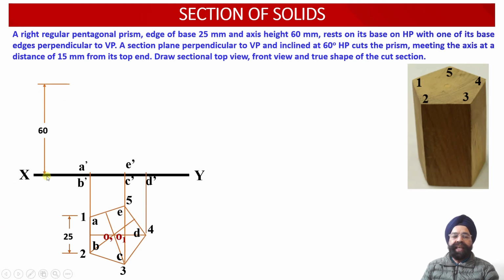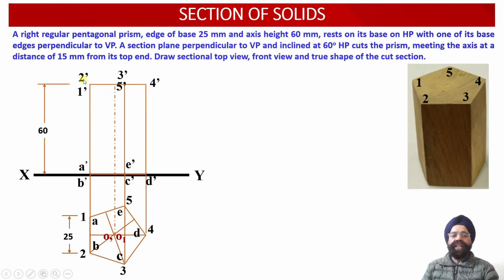Now we know that the height of the prism happens to be 60 millimeter. So once we mark the axis height, or the height of the prism, as 60 millimeter, we will obtain the projections of the 5 points corresponding to the top face of this pentagonal prism. Points 2 and 1 have been projected as 2 dash and 1 dash onto the top face.